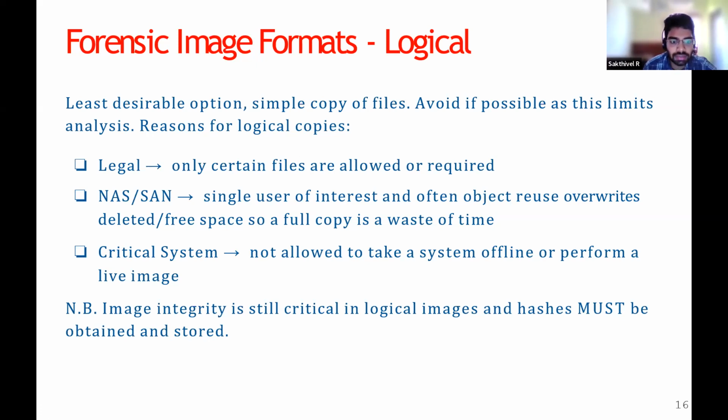As I said, image integrity is still critical in logical images, and hashes must be obtained and stored. Whereas in full imaging, we don't require hashing unless it's needed. But in this case, there is a high chance of losing the integrity of the evidence, so hashes must be obtained and stored.